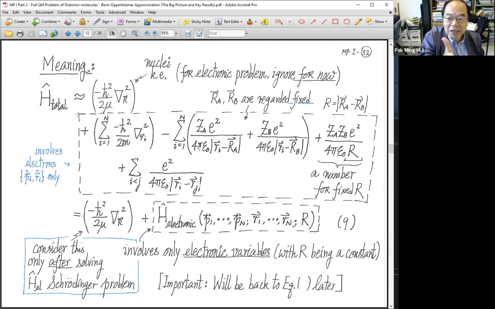So we are cutting the full quantum mechanical problem into two parts. Focus on the electron part first, assuming the nuclei to be fixed, and find the solution. Then come back to look at the nuclear motion after we have the electronic part's answer. So that is the big picture.